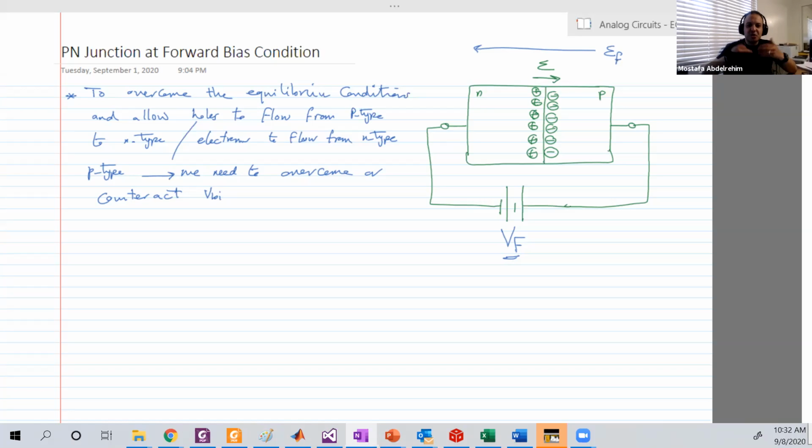And actually, after that, just the opposite of reverse, the depletion region will shrink. It will not be zero; it will just shrink. And we will have continuity in current flow, not like equilibrium or reverse bias condition.